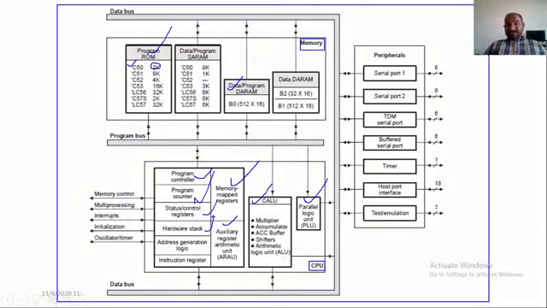Hardware stack means, as I told you, in general the stack is a part of the RAM memory, or I can say a special purpose memory. A part of the RAM is used as a stack during the execution of the program. In a normal microprocessor, a part of the RAM is assigned as a stack memory.